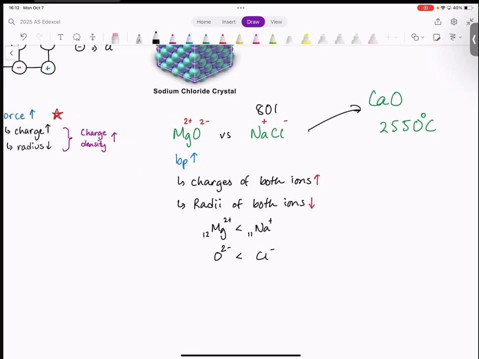If I ask you to compare these two, you'll see the charge is greater, but don't talk about the radius of the cation, because the radius of the cation is actually larger in calcium. So that's going against the observation that we make. So you match the answer to the observation. You're saying, but why would I ignore it? Because clearly the slightly bigger calcium ion doesn't have as much impact as the charge.